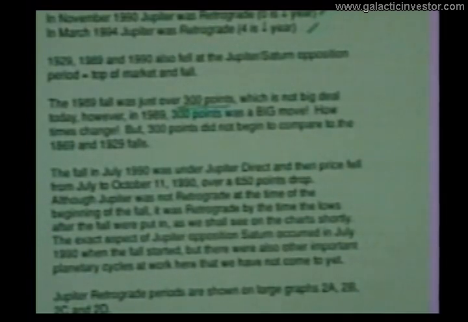So things do change. Your large graphs give you the Jupiter retrograde periods. And you have one of your charts right now that we'll look at, one of the little charts that I gave you, which is basically your large chart reduced down.